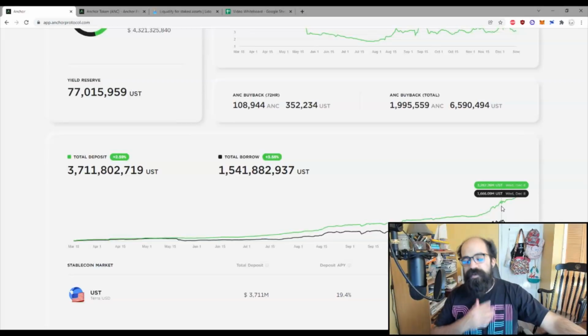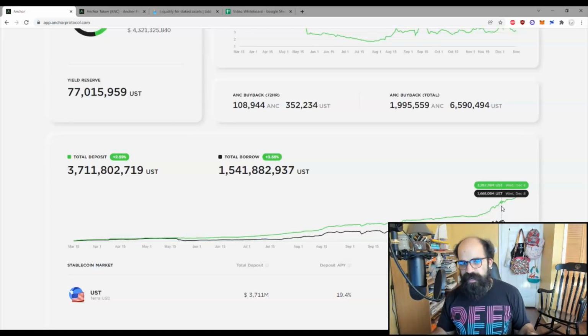Interestingly, a lot of other chains are now funneling funds into Anchor, and we will see what the long-term effects of that may be. Because we're seeing a meteoric rise in the volume in Anchor, we might potentially see a shift in the APY.